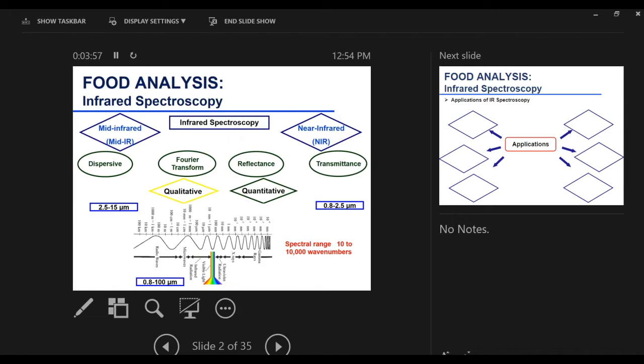And remember, whenever we say quantitative, it has to follow Beer's law. So you have to have a singular frequency or singular wavelength to do the measurements. So we'll be focusing, as I said, on mid-IR and near-IR. The far-IR won't be of relevance to us in food analysis.